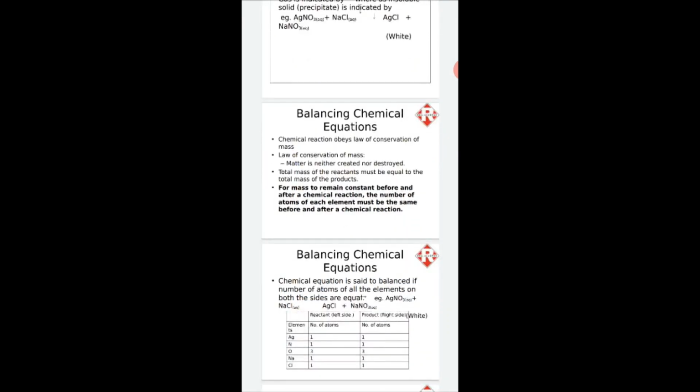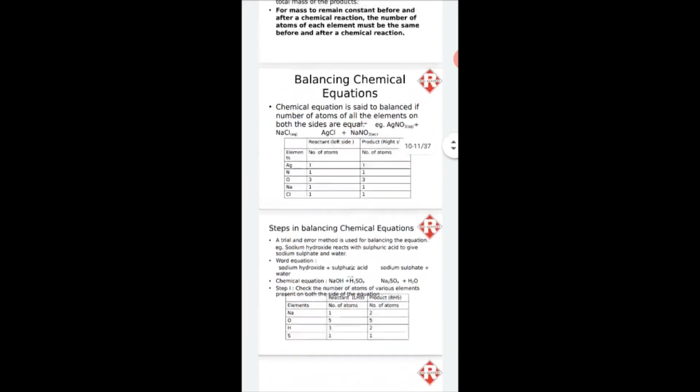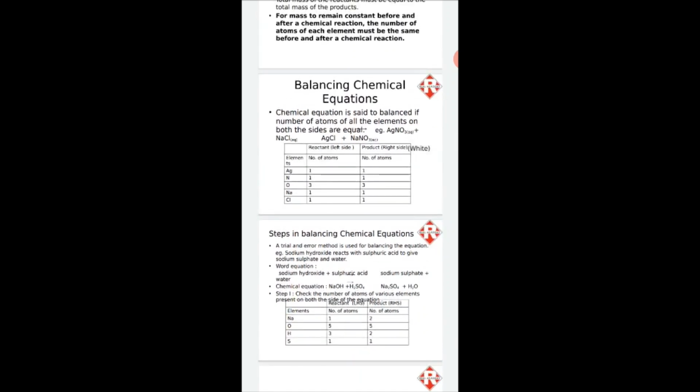Now we are going to the next point, balancing chemical equation. A chemical equation is said to be balanced if the number of atoms of all elements on both sides are equal.